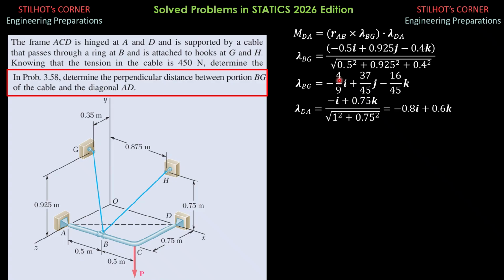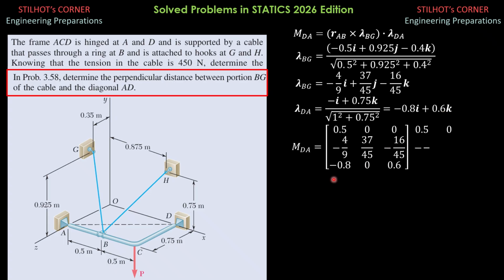Second row would be the unit components of the force with magnitude 1 Newton, represented by lambda of BG, unit vector BG equals negative 4 over 9, 37 over 45, negative 16 over 45. Then the unit vector of DA, which is negative 0.8, 0, 0.6.